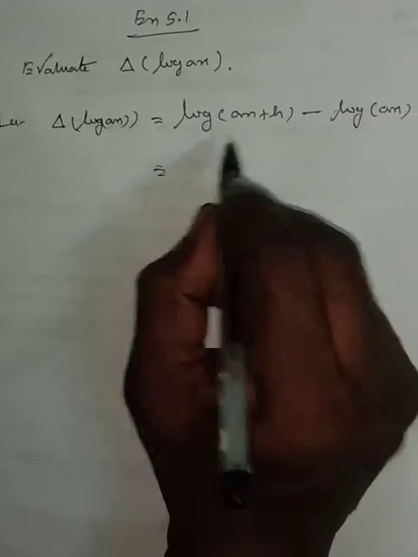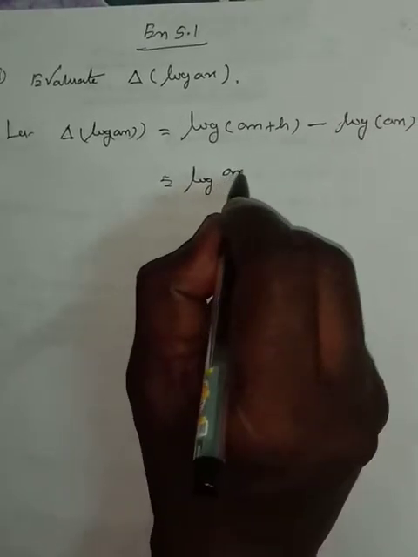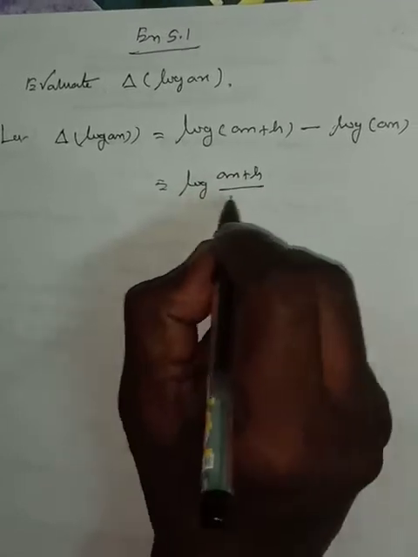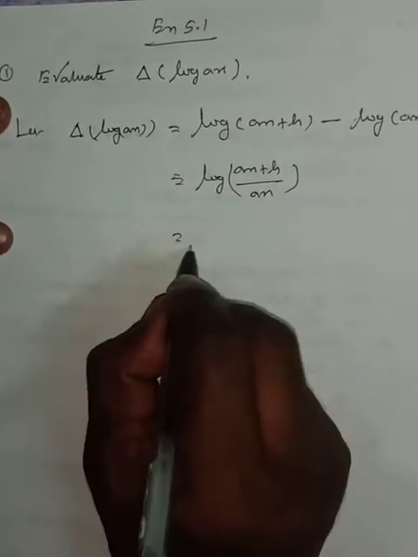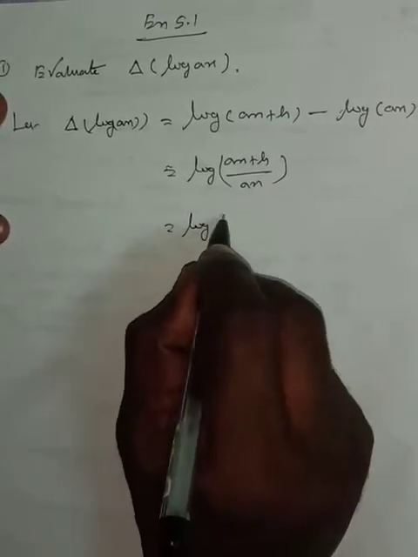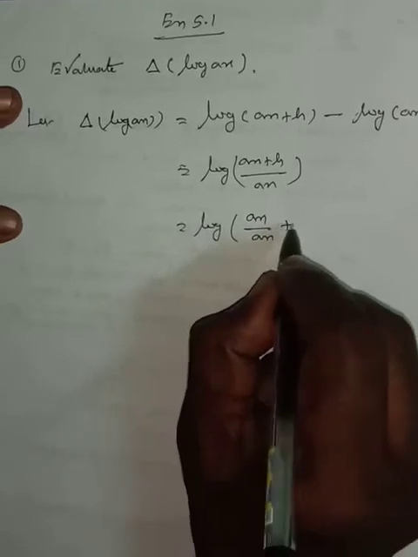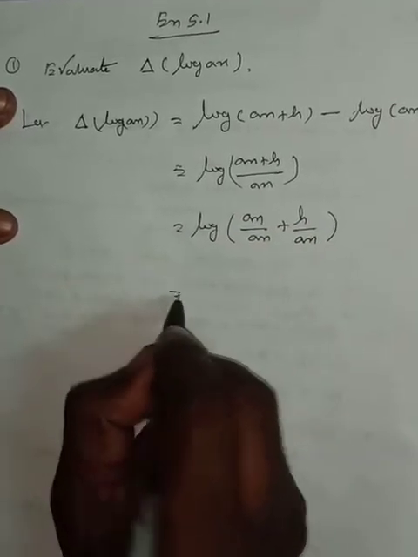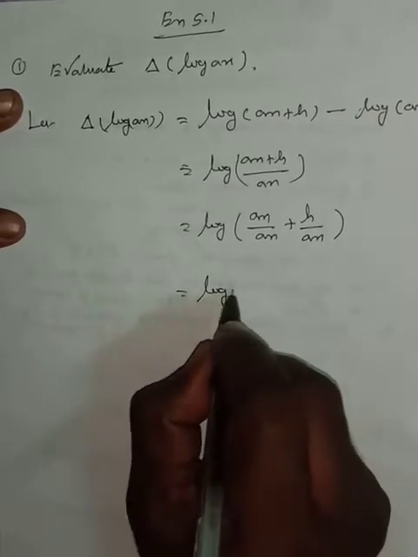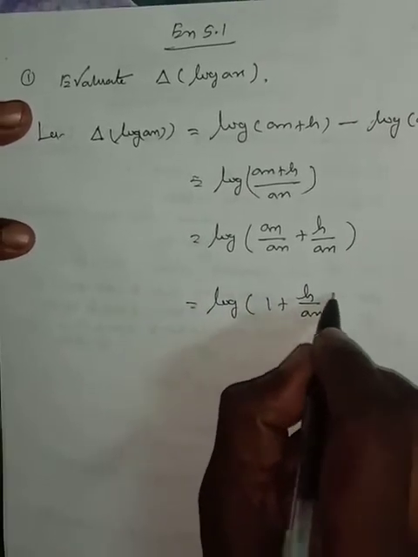We know that log a minus log b is log a by b. Log of ax plus h divided by ax is equal to log of ax divided by ax plus h by ax, which is equal to log of 1 plus h by ax.